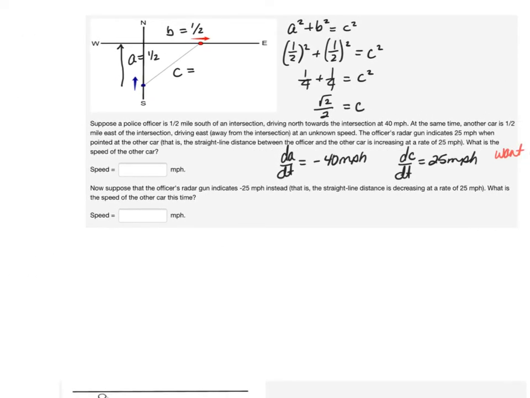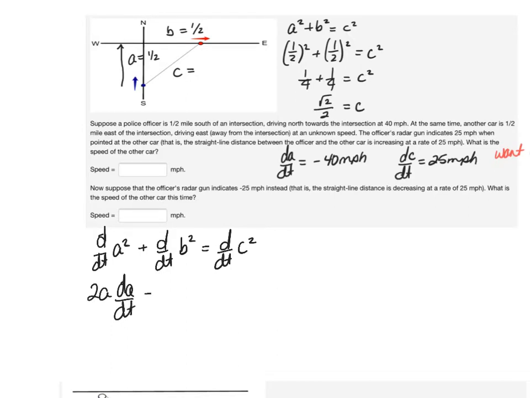So we want the dB dt, so we're going to use Pythagoras' theorem, and we're going to do the derivative. So we're going to do d dt of a squared plus d dt of b squared is equal to d dt of c squared. So 2a dA dt plus 2b dB dt equals 2c dC dt.